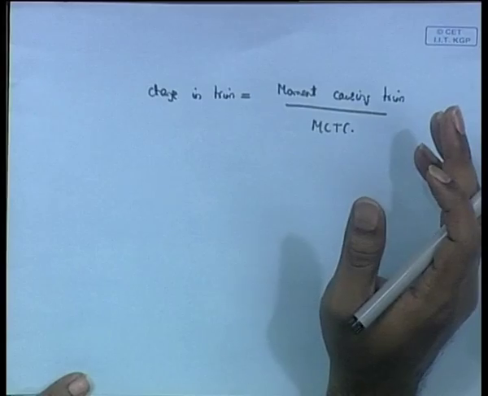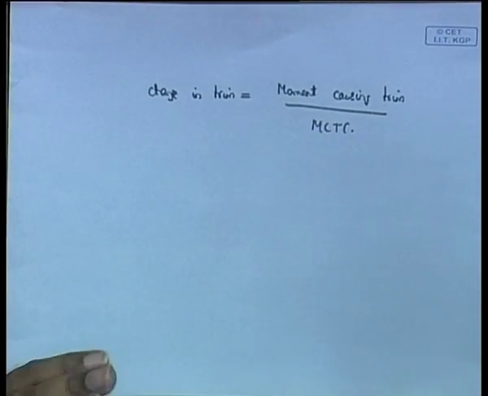In this case, if you remember the discussion in the last lecture, it is important to remember that trimming always occurs about the center of flotation, the pivoting point.